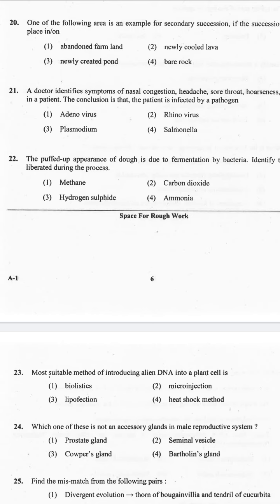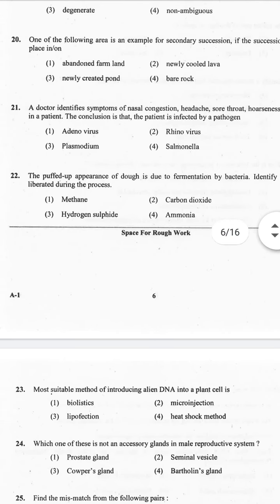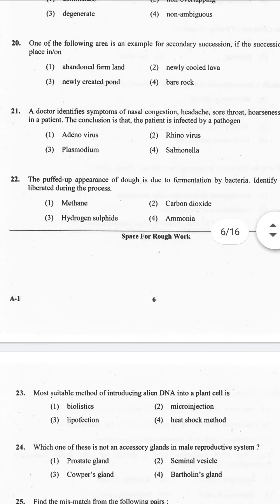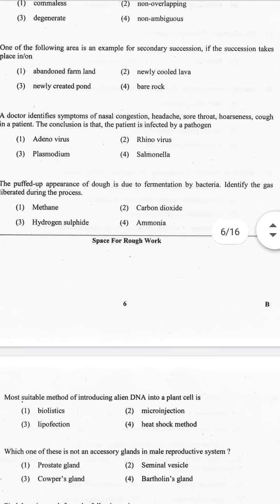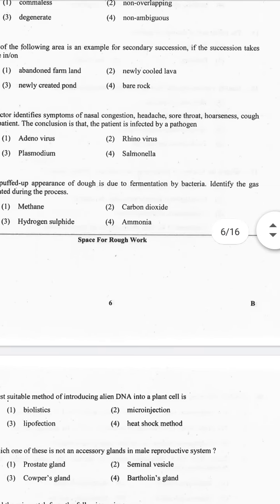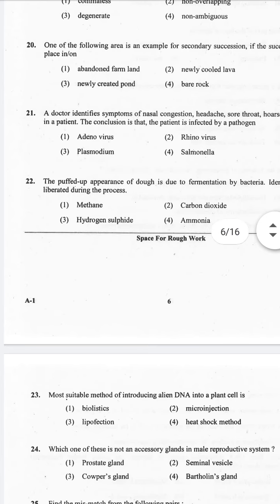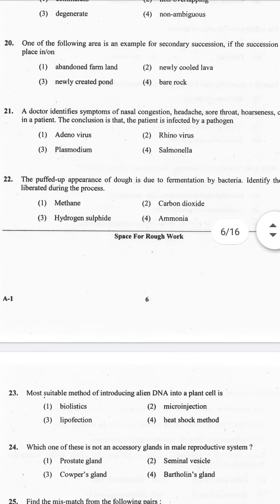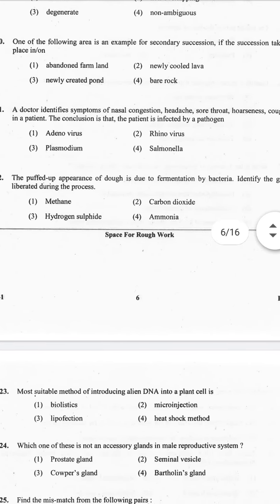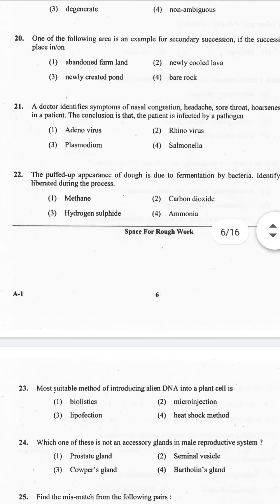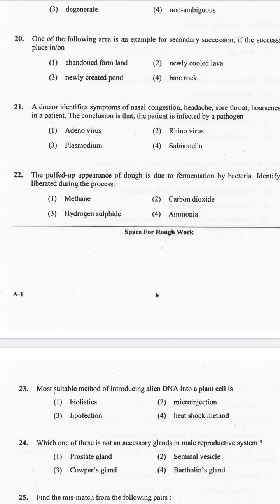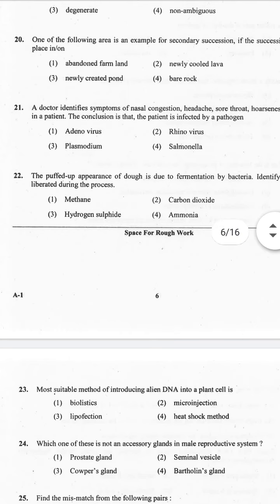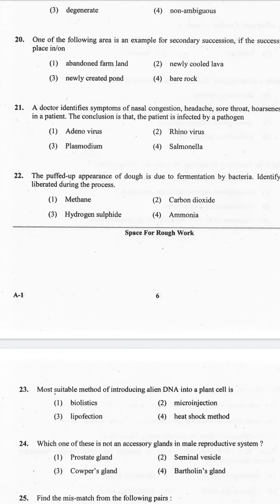Now, next question. A doctor identifies symptoms of nasal congestion, headache, sore throat, hoarseness and cough in a patient. The conclusion is that the patient is infected by a pathogen. So the correct answer is option 2, rhinovirus, which causes the common cold. Now let us see the explanation for this.